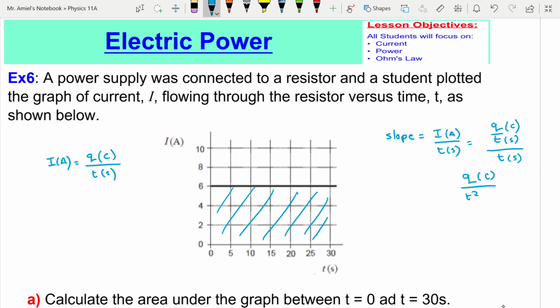Again, not something that we're really familiar with. So slope doesn't do much for us here, but area, it's asking us to find the area under the graph. So if we're doing area, what are we actually doing? And I'm going to leave you there because that should be a pretty good hint to get you started.